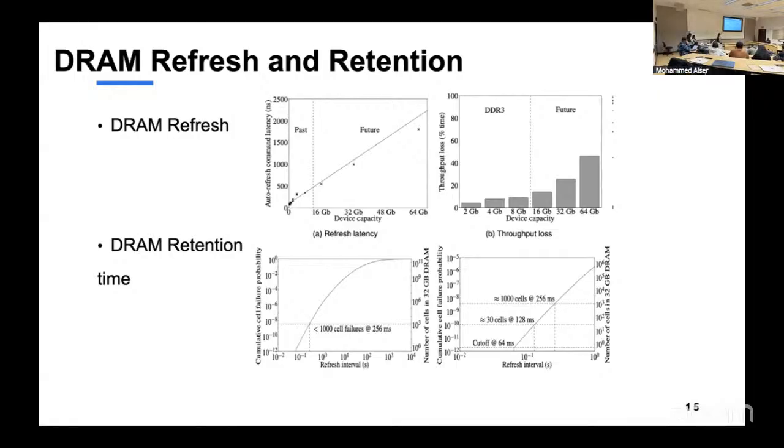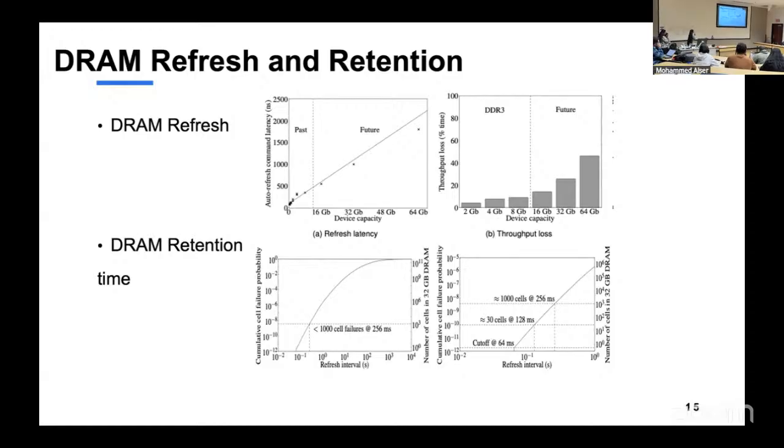So that has been continuously increasing, at a point greater than 1000 nanoseconds. And in the second graph, the throughput loss is nearly 50% for 64 GB. So throughput loss is nothing but the time the refresh takes divided by the total time.